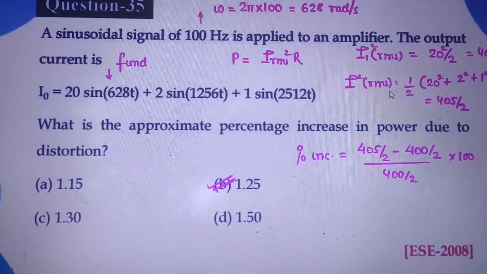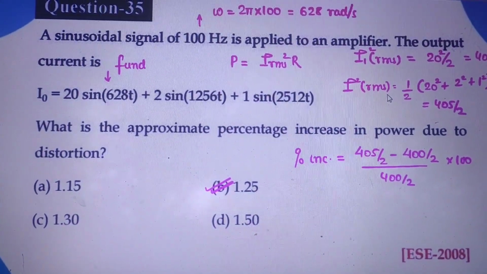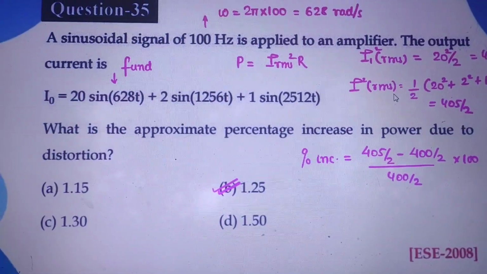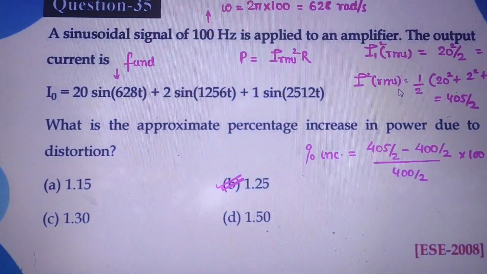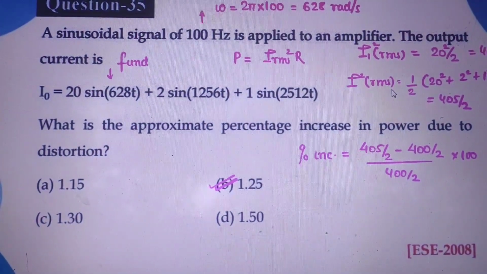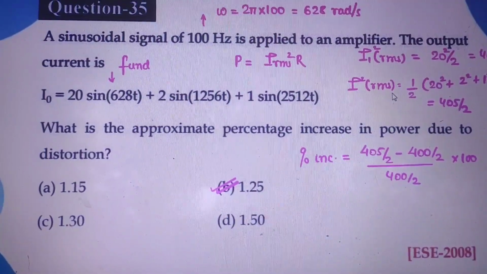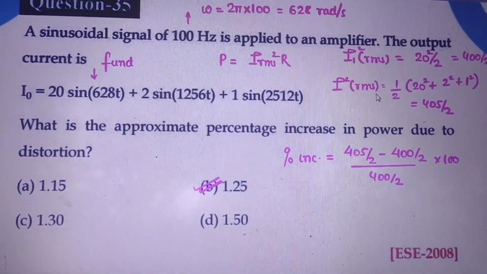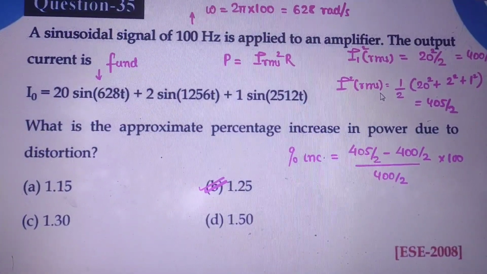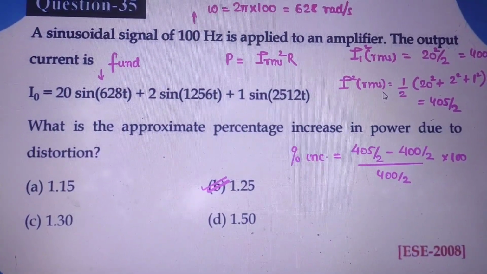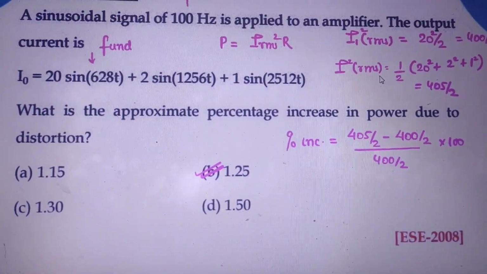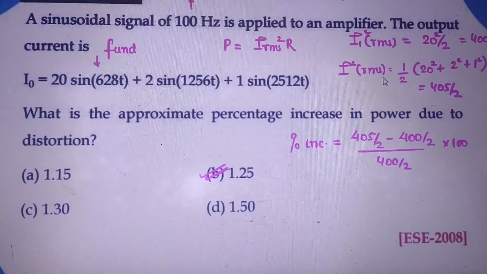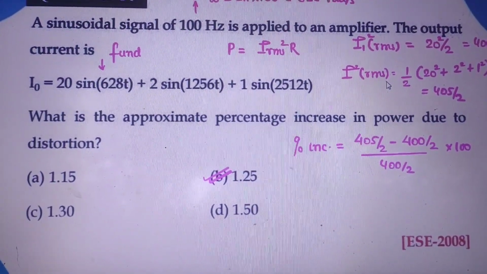Now he is asking the approximate power rise due to crossover distortion. You know power is equal to I RMS square. To find the I RMS square, the fundamental current RMS square is equal to 20 square by 2. So total RMS square is 1 by 2 into 20 square plus 2 square plus 1 square, you will get 405 by 2.